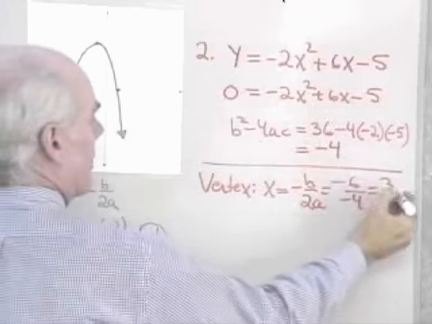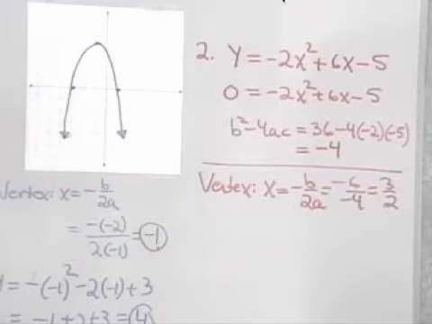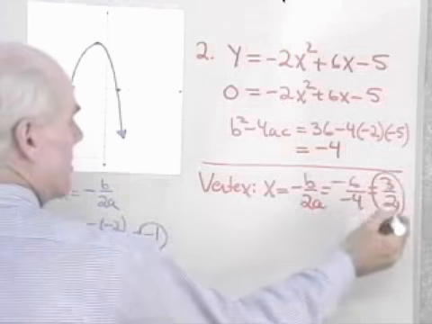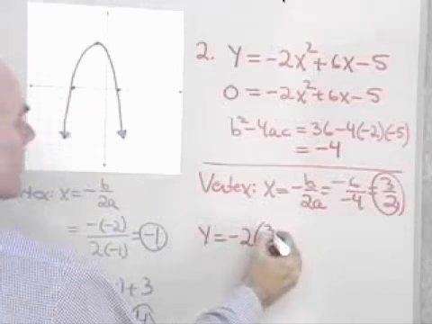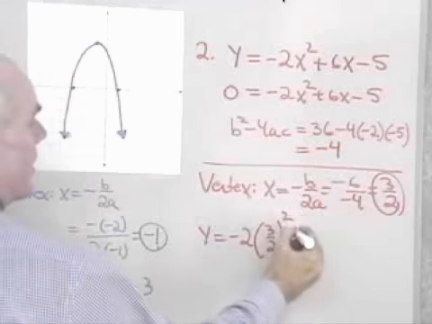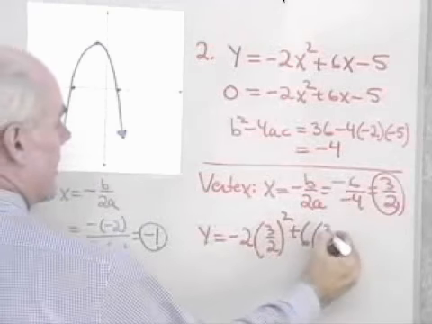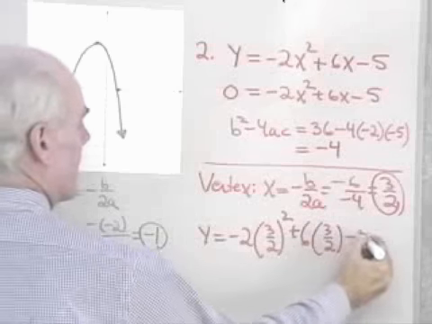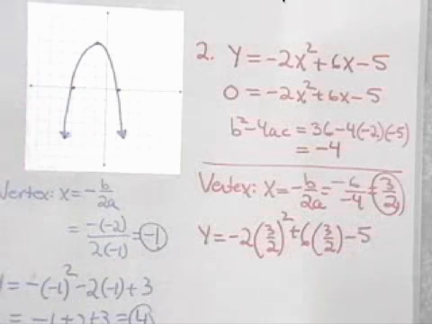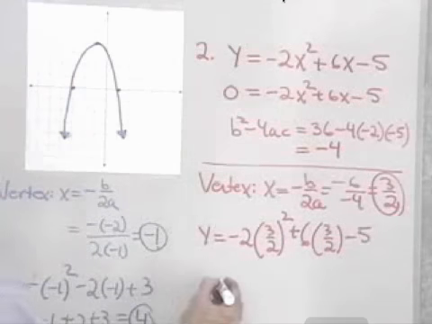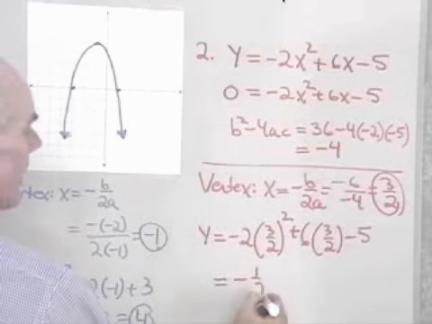So I end up with 3 halves. To find the y-coordinate of the vertex, I take this x equals 3 halves and substitute it back into the equation. Negative 2 times (3 halves) squared plus 6 times 3 halves minus 5. I'm not going to show the arithmetic on this, but I'll just show you what we get, which is y equals negative 1 half.